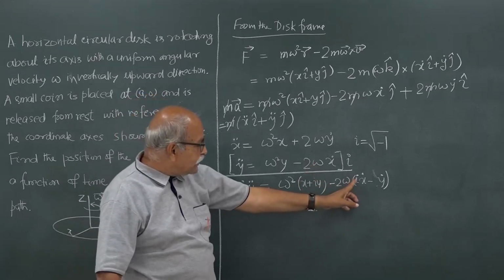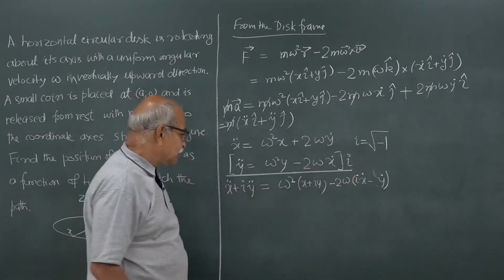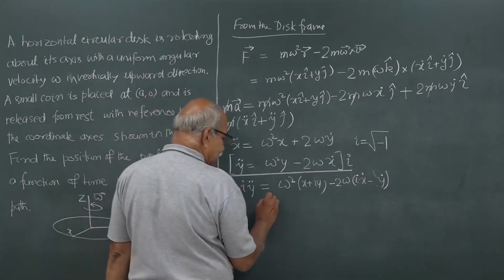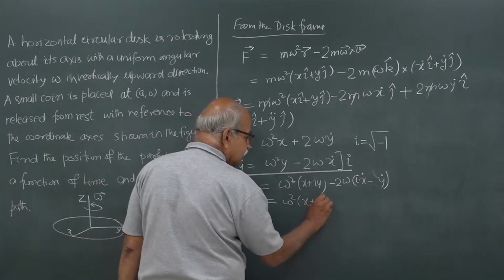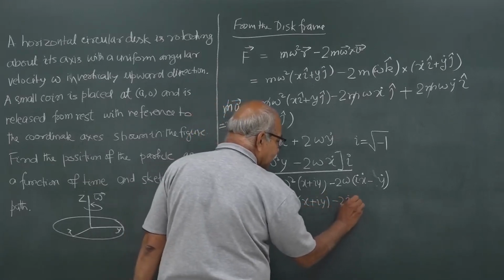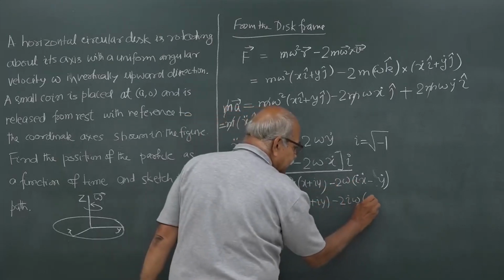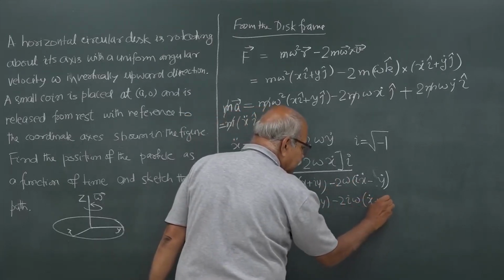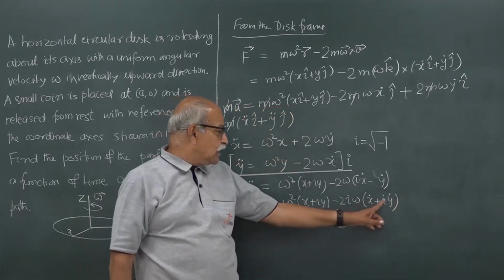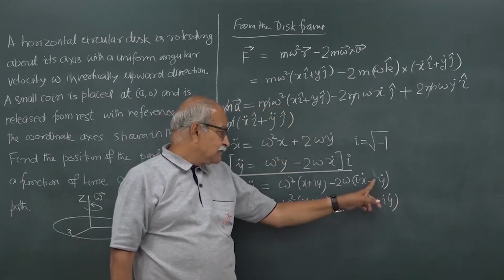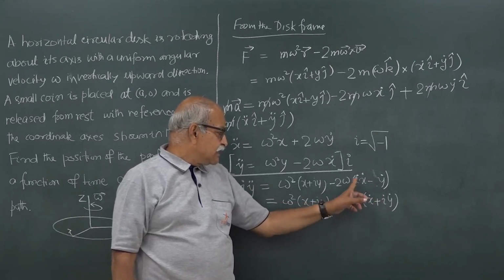Take one more i common here, take this i outside, what will happen? This will be omega square times x plus iy, minus 2 i omega. I have taken this i also outside, and this becomes x dot plus i y dot. Okay, i into i is minus 1, so that plus becomes minus, and if i goes here it will be i x dot.